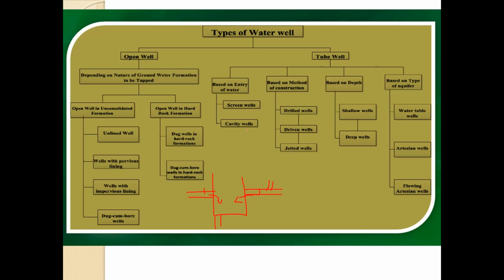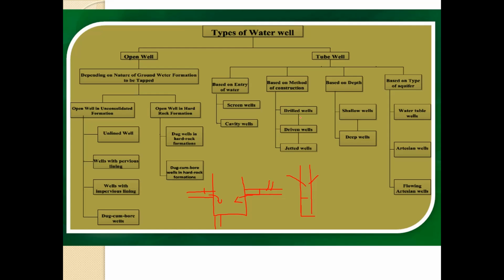In screen wells, the screens are there and water comes in through the screens, while in the cavity well water is stored below.